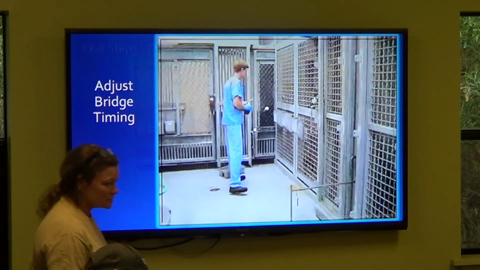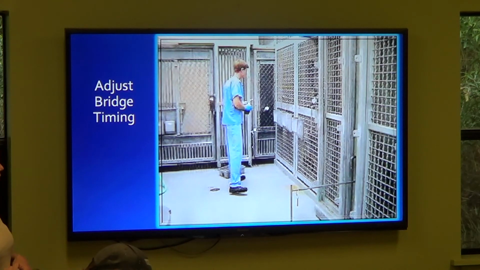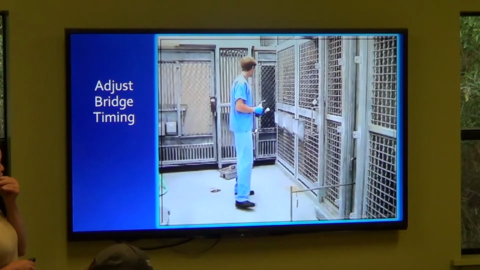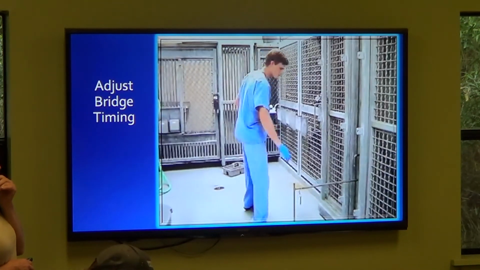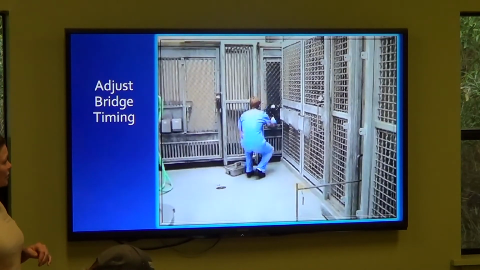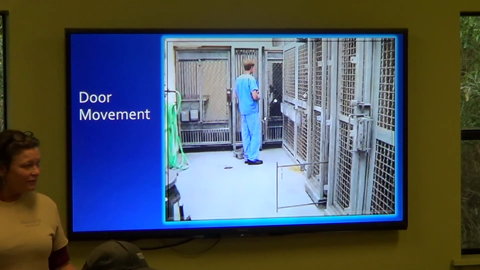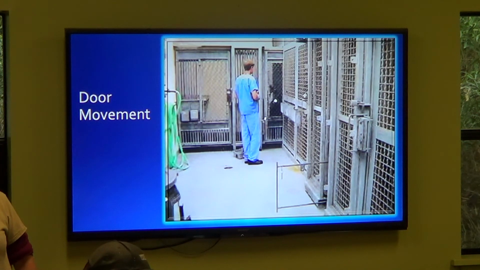There's the slider, you can see. Now he's starting to adjust the timing of the bridge a little bit. Just touches the door. But you can still see he's really still facing her a lot, even though he's starting to reach for the door.